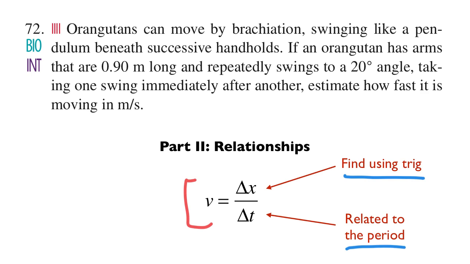And if I know that it's pendulum motion and I know how the orangutan is swinging, so if it's fixed here, and the orangutan's down here, and then it swings to the side at a 20-degree angle, I can use trigonometry to figure out the distance that the orangutan has moved in this particular interval of time.